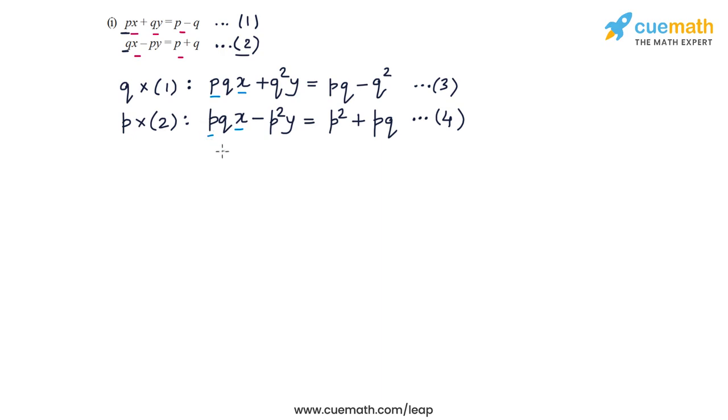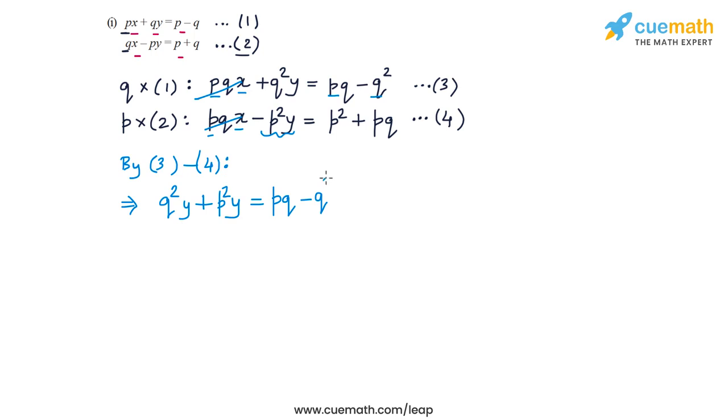The coefficients are equal, so let's subtract the two equations. So let's do 3 minus 4. And what will that do? That will cancel out the x terms. On the LHS, we will have q square y plus p square y. And on the RHS, we will have pq minus q square minus p square minus pq.